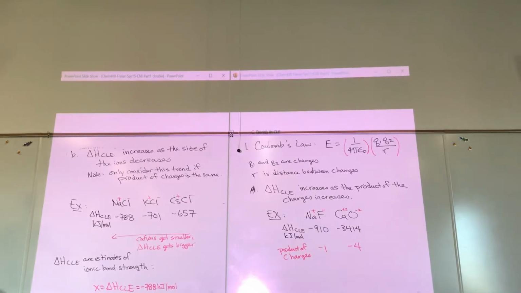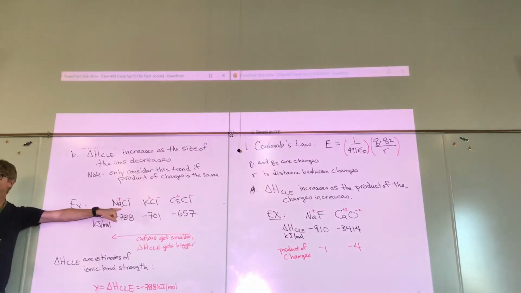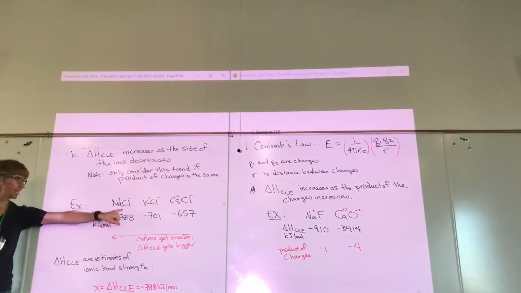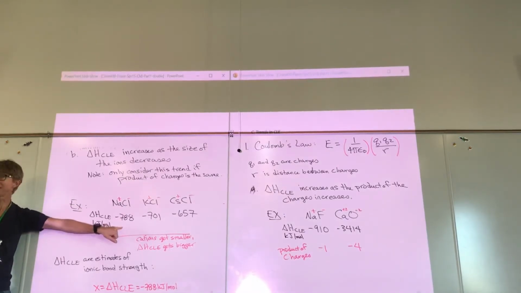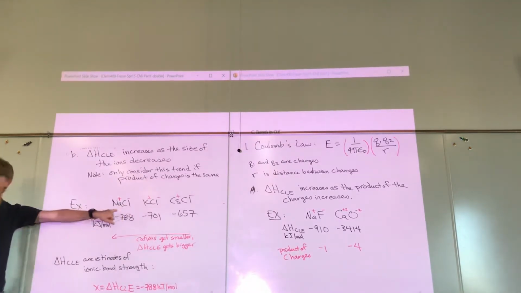The alternate version of this question, like one question would be sodium chloride or potassium chloride, which one has a larger magnitude crystal lattice energy? You would say sodium chloride because this number is a larger number and negative. The other question I can ask is sodium chloride, potassium chloride, which one has a stronger ionic bond? And you would also answer sodium chloride.